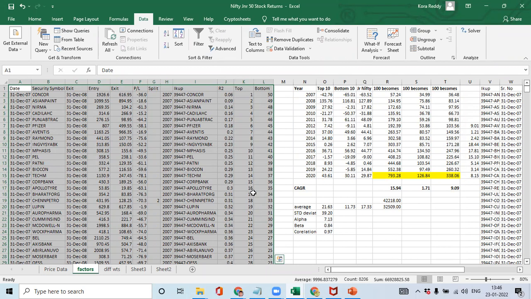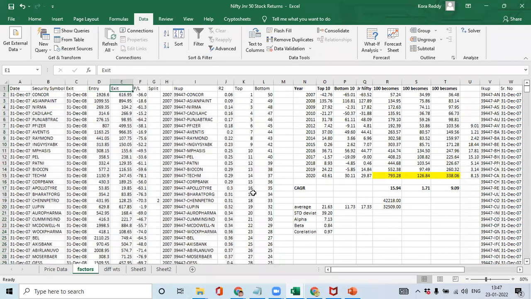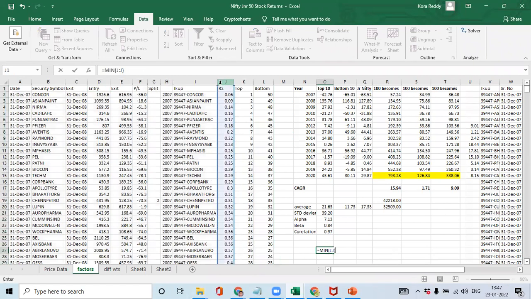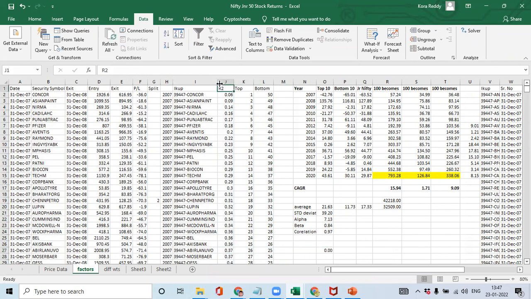One thing I have to tell you is in R2, in one particular year, there is one negative number. Sorry, beta, I think. The beta is 9, right?